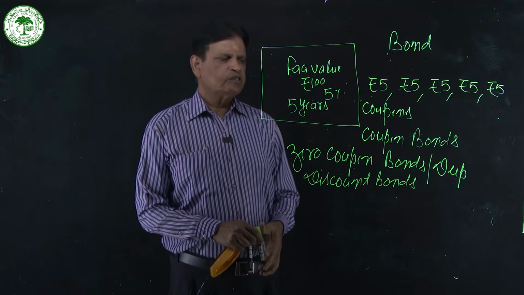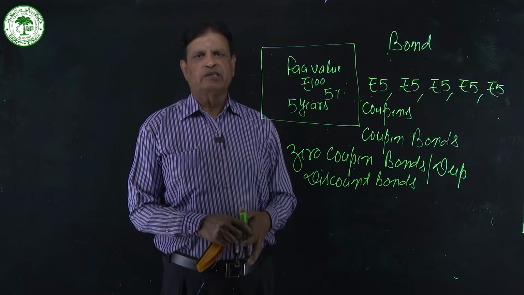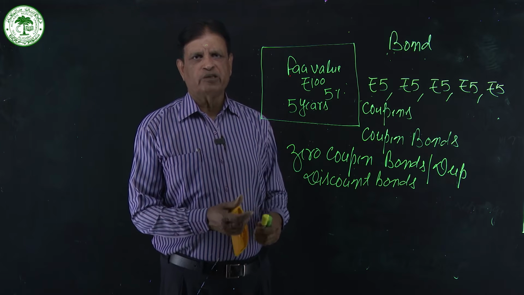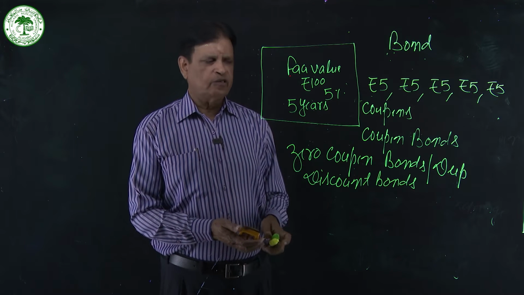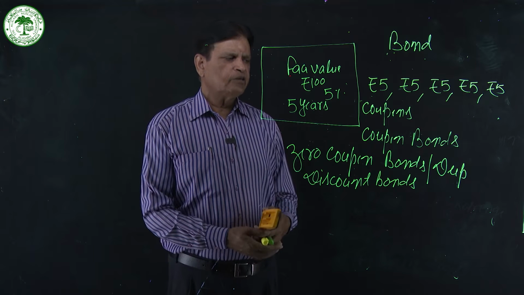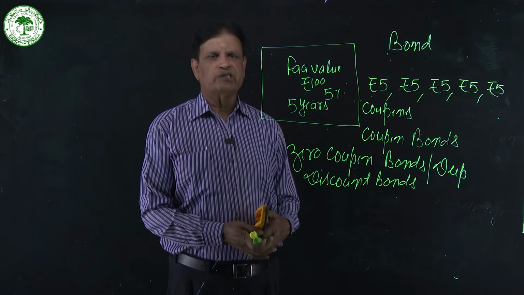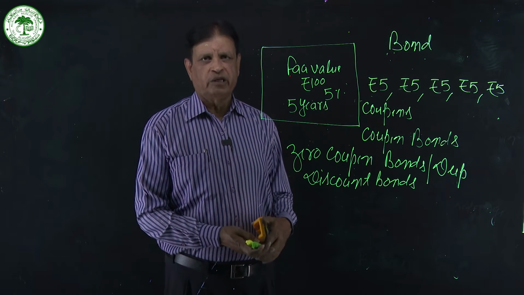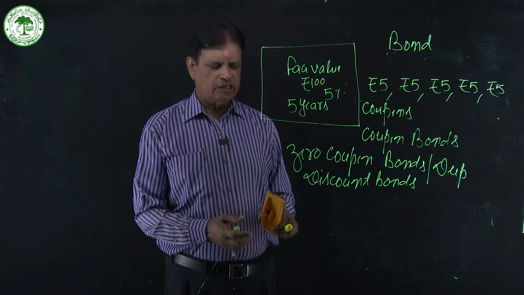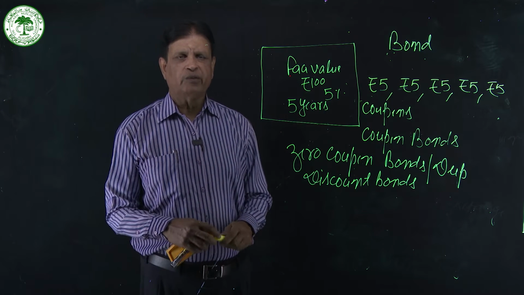Zero coupon bonds, as the name itself suggests, do not carry any coupon. So we call them zero coupon bonds. The reason why they are known as deep discount bonds is because these bonds are sold at a discount, that is, at a price which is less than the face value of the bond.